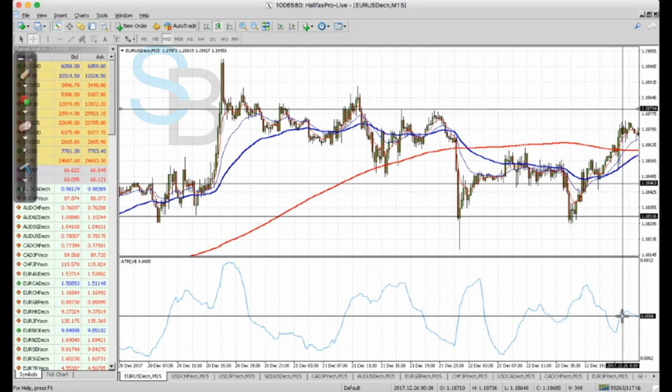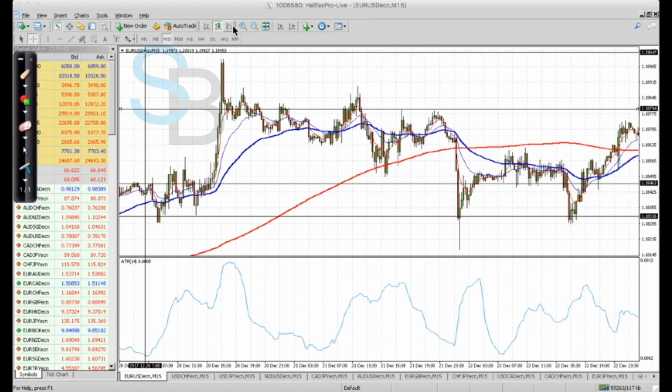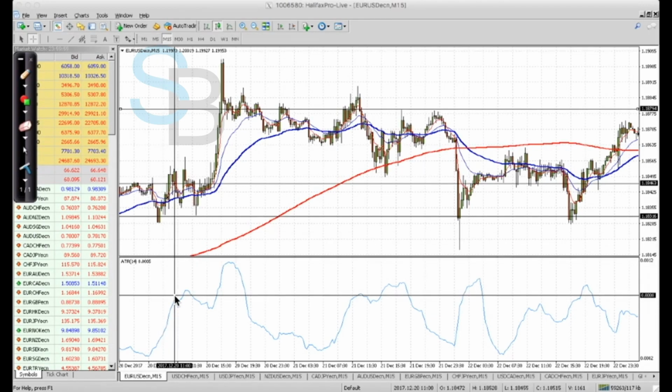Ta-da! 12, right? Because of that, I know that during this period I should give a 12 pip buffer, which means my stop loss should be at least 12 pips away if I'm going to sell or buy. So that's how you can check it more accurately by using ATR, or average true range.